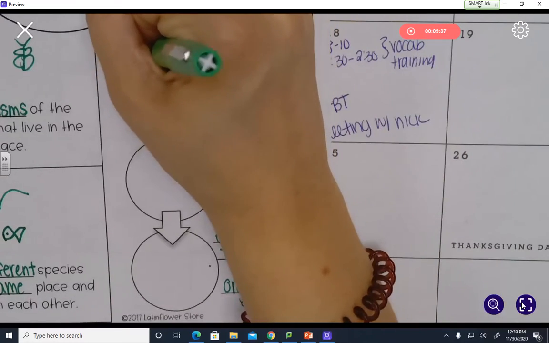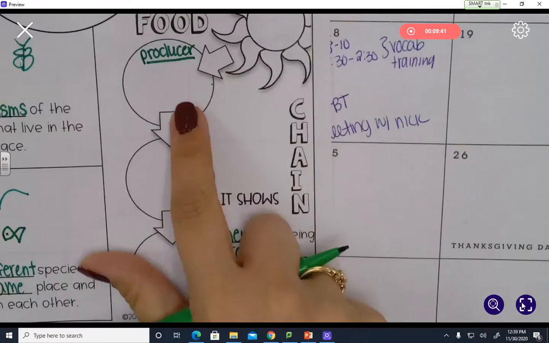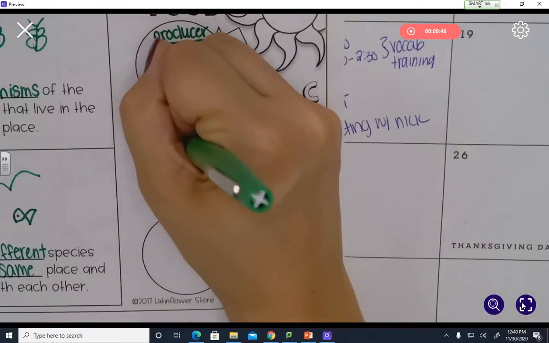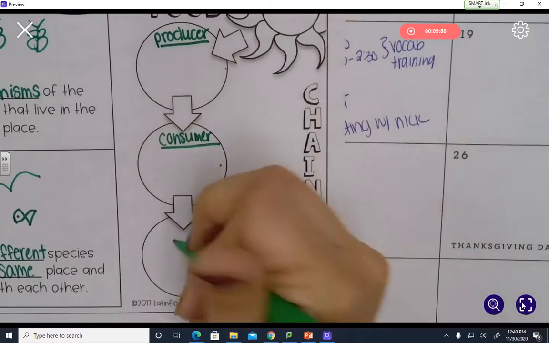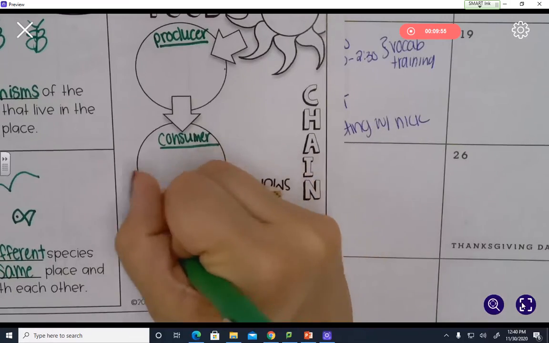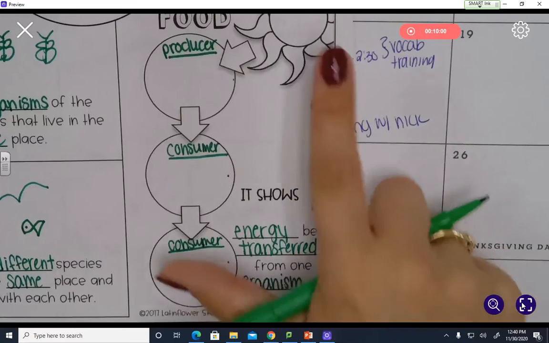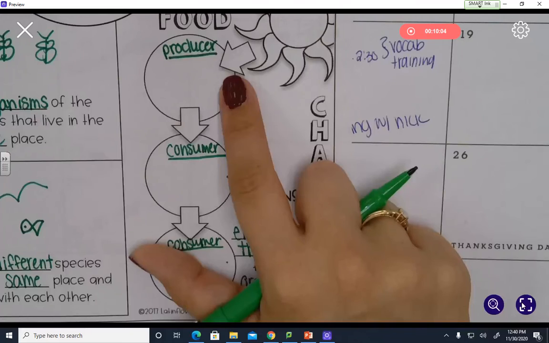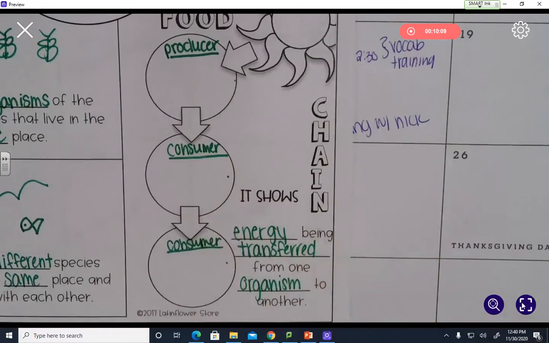So you'll put a producer in this first circle, and then a consumer who eats that producer, and then another consumer who will eat this consumer. Okay? Because the sun makes this producer, and then this consumer eats this one, and this consumer eats this one.